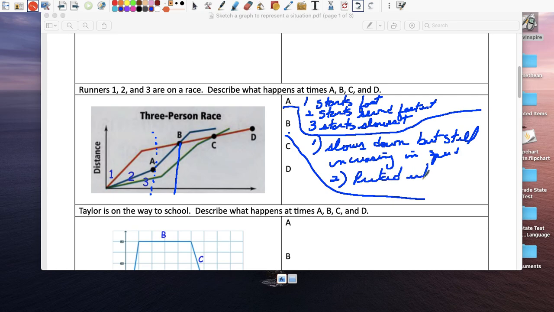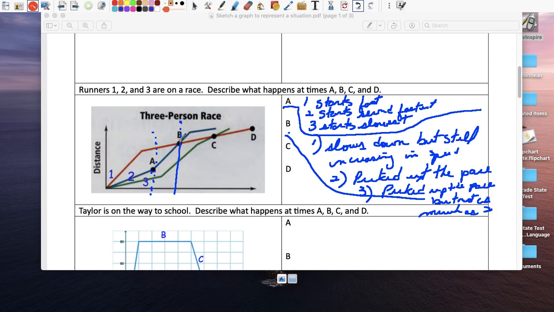You can clearly see that runner 2 went from A to B. It sees the green line, picked up the pace. So he definitely increases speed. Runner 3 also picked up the pace, but not as much as runner 2, right? So you can tell.